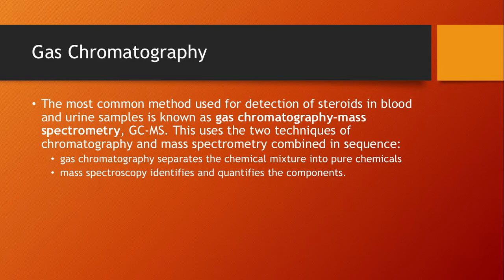So, the gas chromatography is used to separate the chemical mixture into pure chemicals, and mass spectrometry identifies and quantifies the components. Okay, so this GCMS is used to detect what kind of steroid and how much of the steroid is in a person's blood or urine sample.